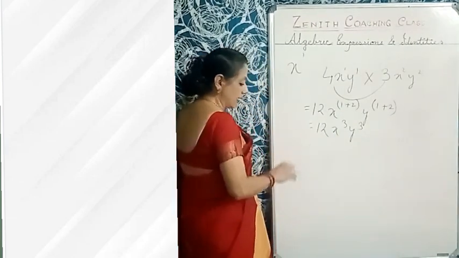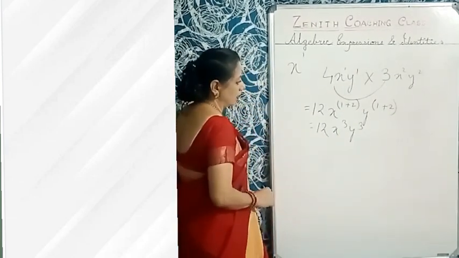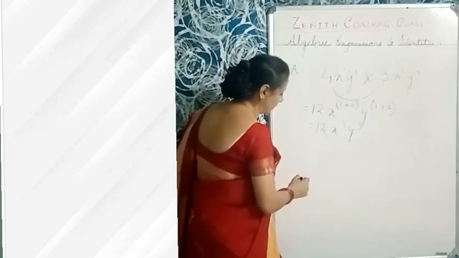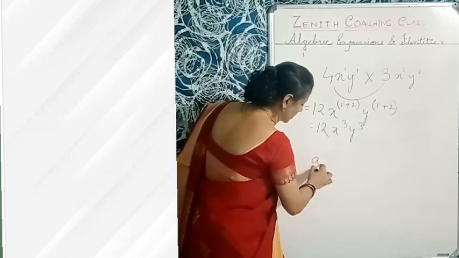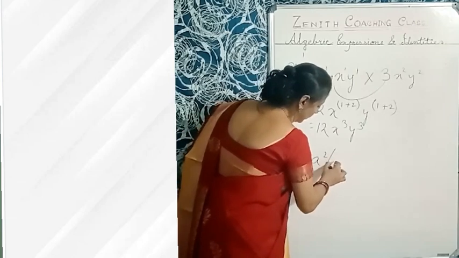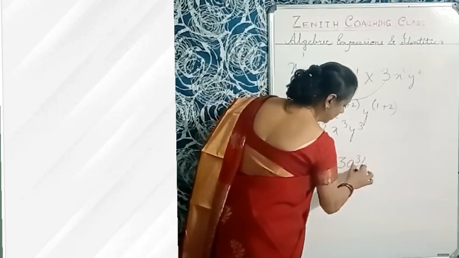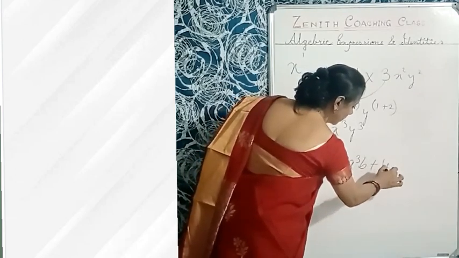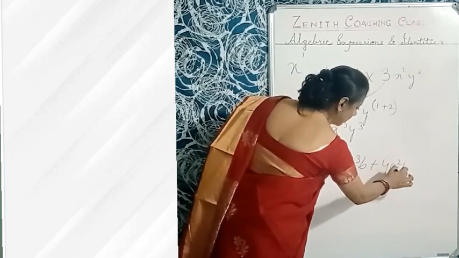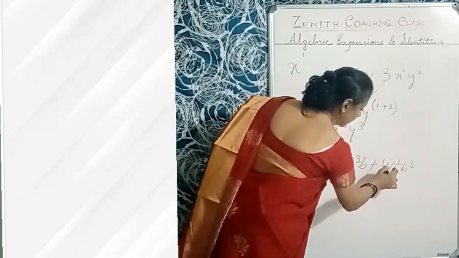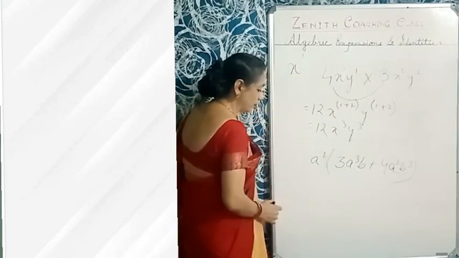Understood? Okay, let's do another sum. a square times the bracket 3a cube b plus 4a square b cube. So what to do?